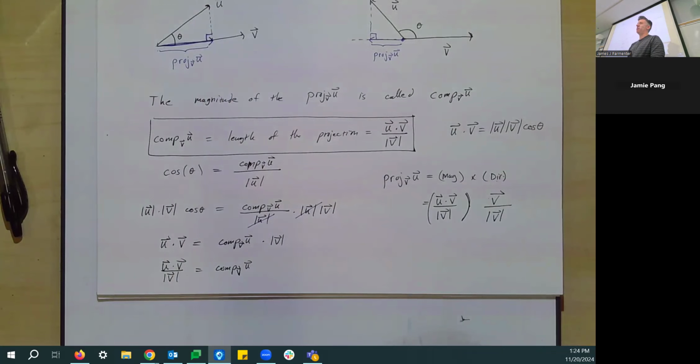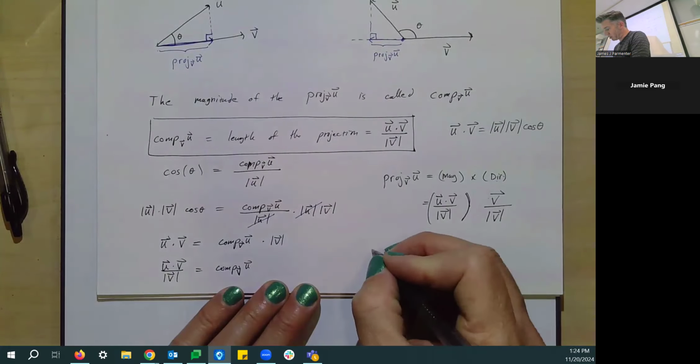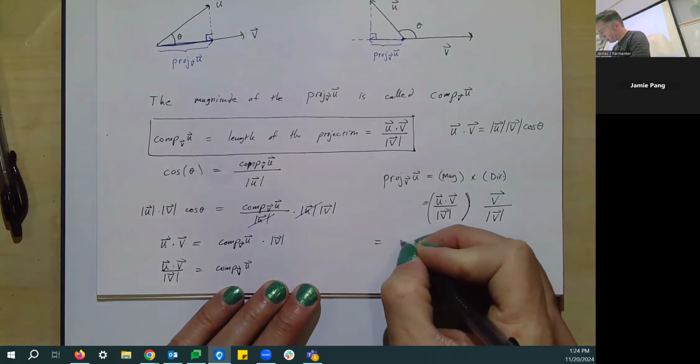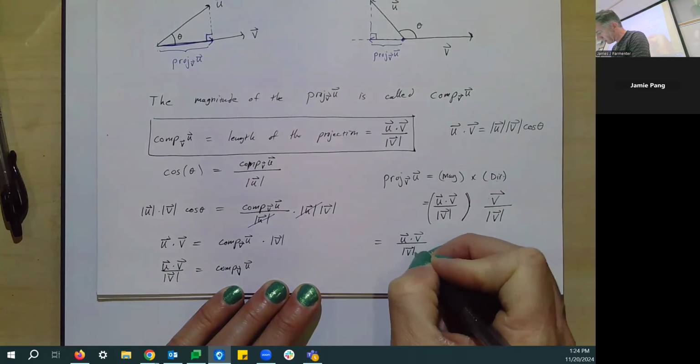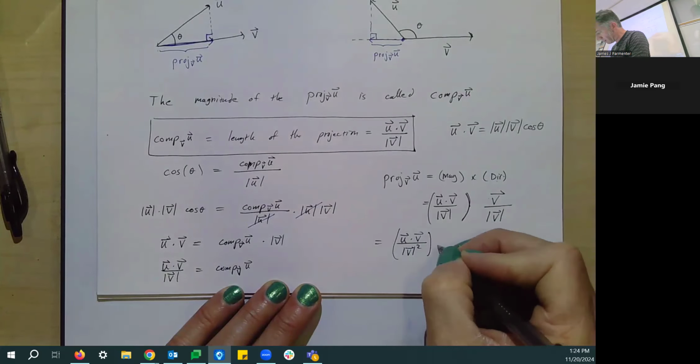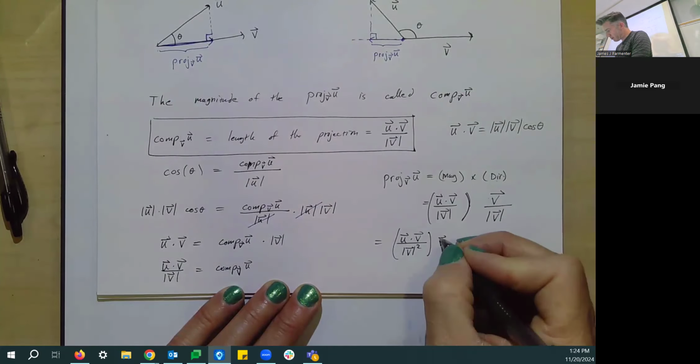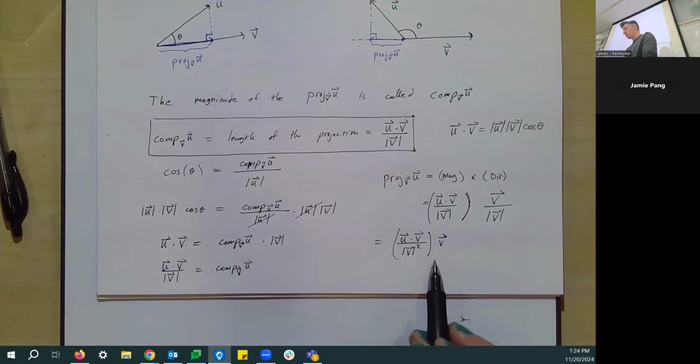You could leave it like that. People often like to simplify it a little bit. There's two things you could do. One of them is you could write it as u dot v over the magnitude of v squared, all times the vector v. I'll point out that u dot v is a scalar or a number. So is the magnitude of v squared.